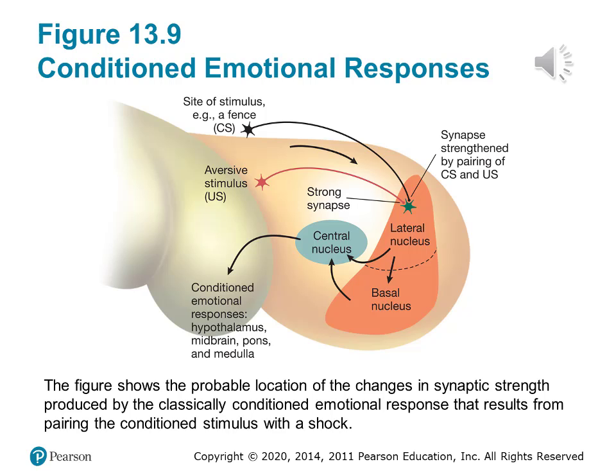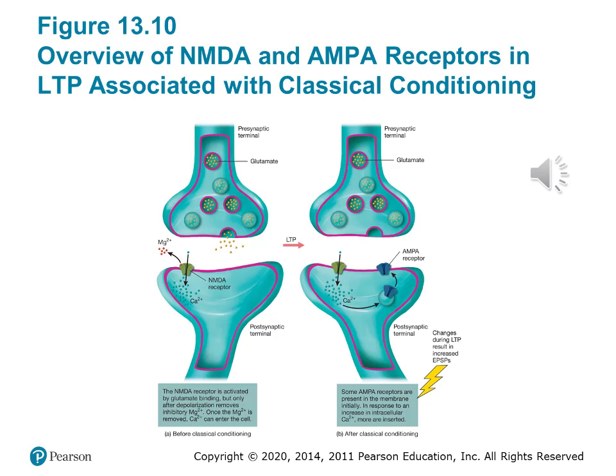The somatosensory input from the amygdala activates strong synapses in the lateral nucleus. Long-term potentiation is associated with the activation of NMDA receptors and AMPA receptors as described in your textbook.